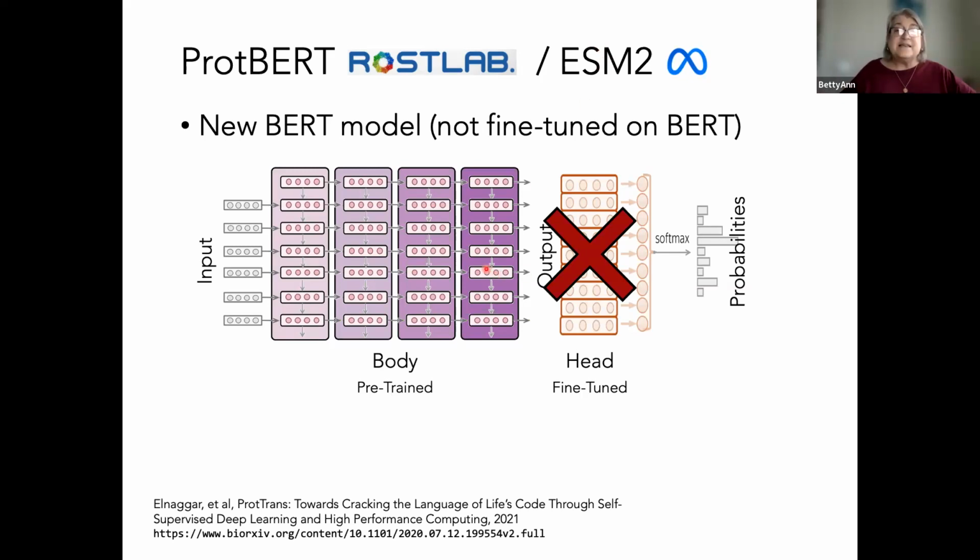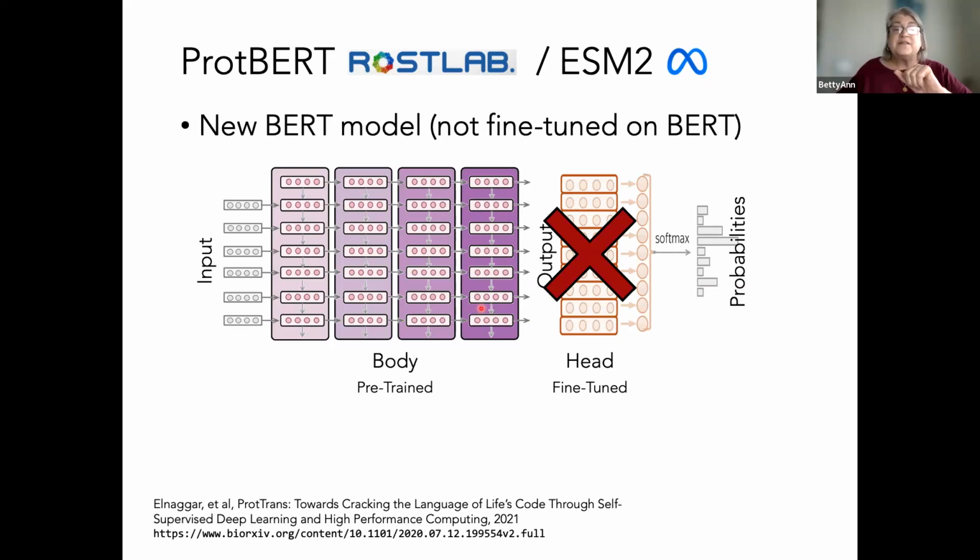Again, this is a large language model, because in this case, instead of looking at words, we're going to use amino acids. We're going to think of amino acids as words, and the whole protein will be like a sentence. So essentially, if I have a protein and I mask out 15% of the amino acids that make up the protein, I want it to predict what those masked out amino acids were. And I'll show you some pictures in the next slide.